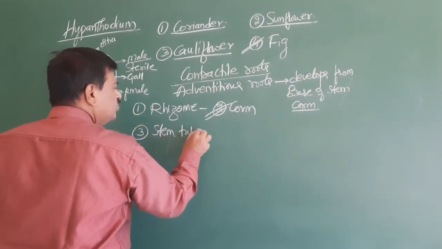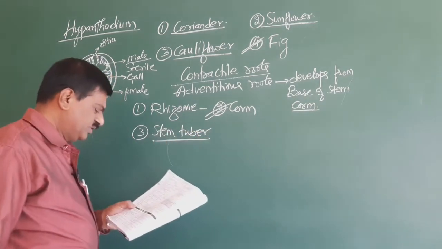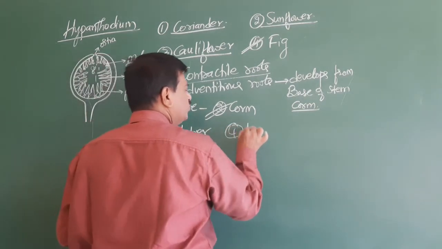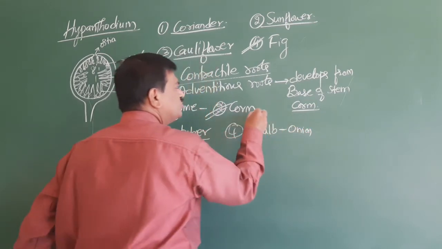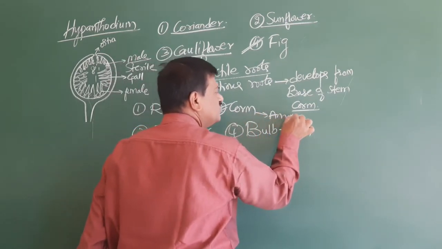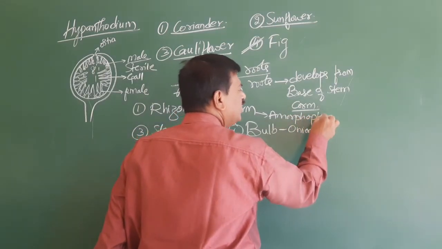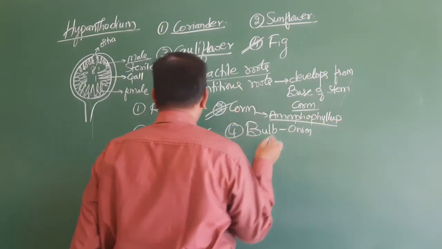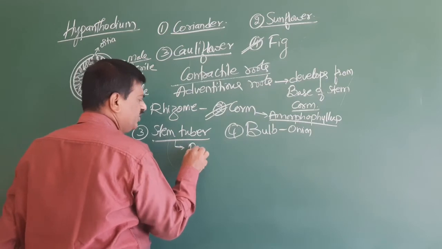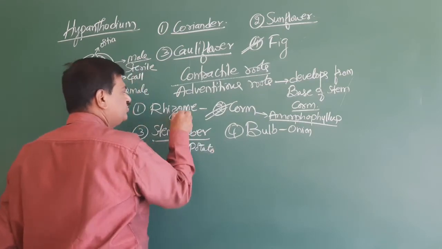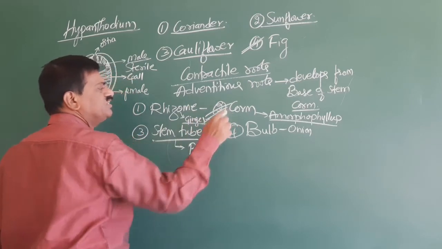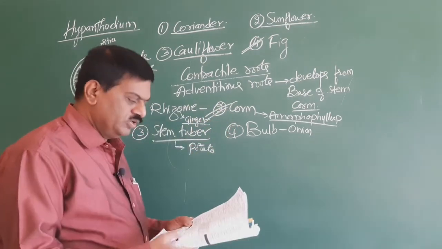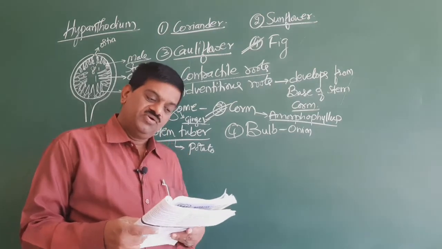Stem tuber, potato is the example, but this is not the one. And the fourth one is bulb. The bulb can be seen in onion. Ginger is rhizome. But the right answer is corm. So we go for the 40th question.